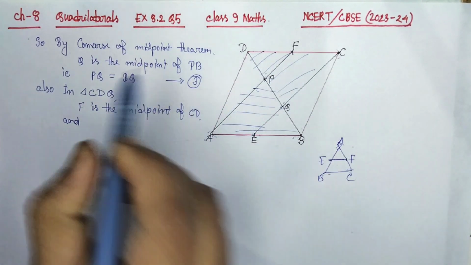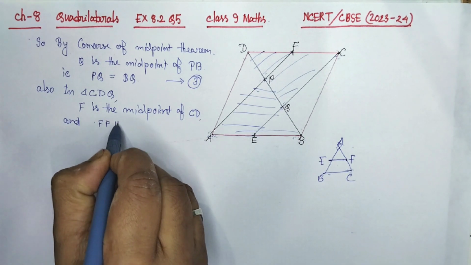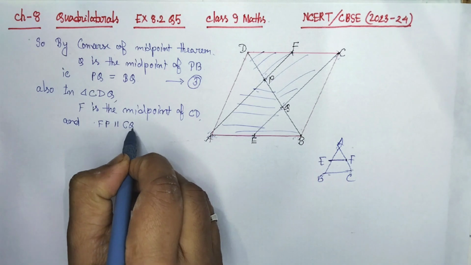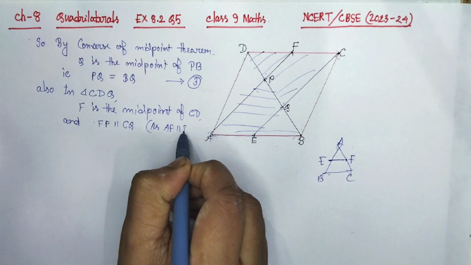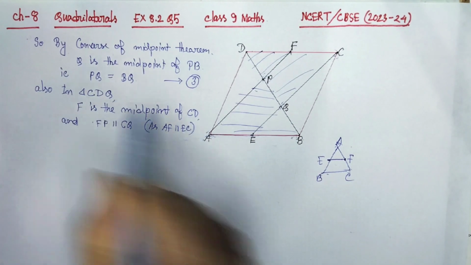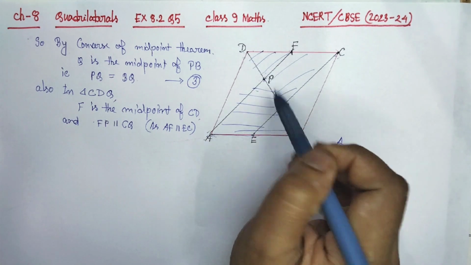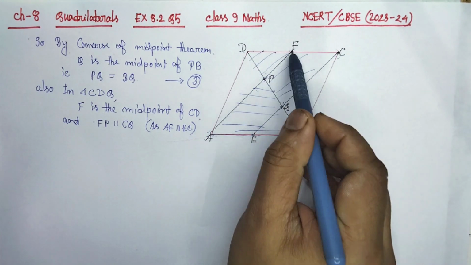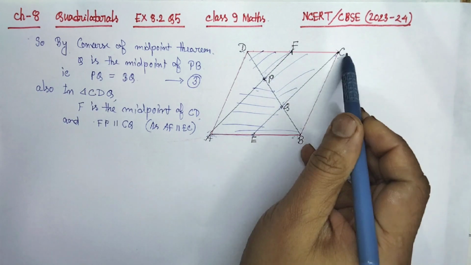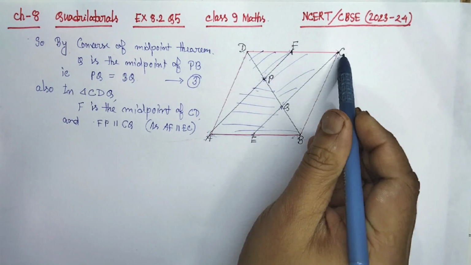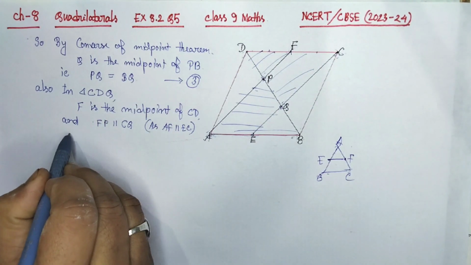CQ is the base, so FP is parallel to CQ as AF is parallel to EC. So the converse of the midpoint theorem is: if a line is drawn through the midpoint of one side parallel to another side, then it will bisect the third side. So F is the midpoint of CD.